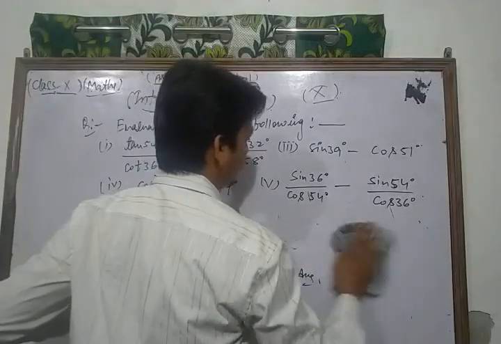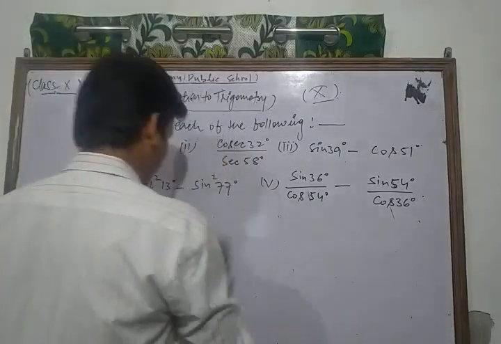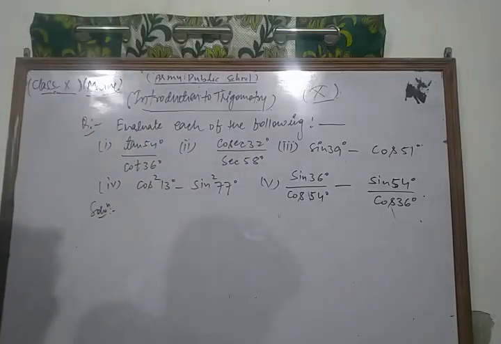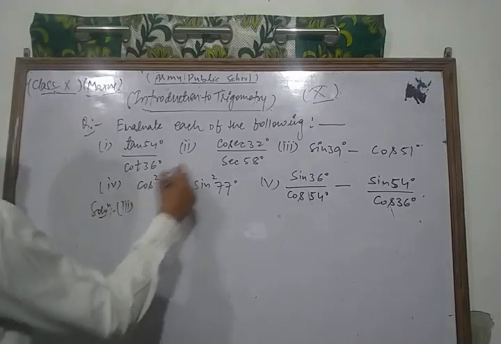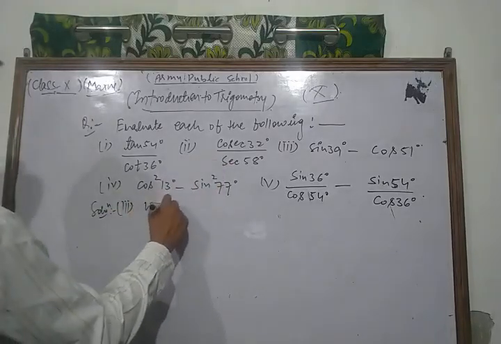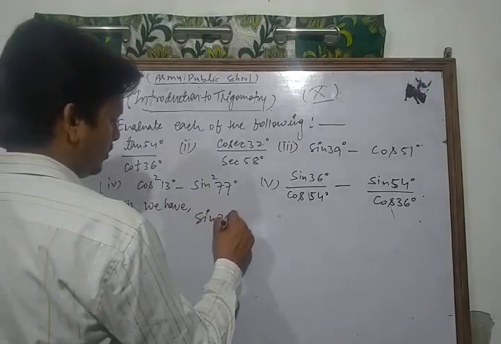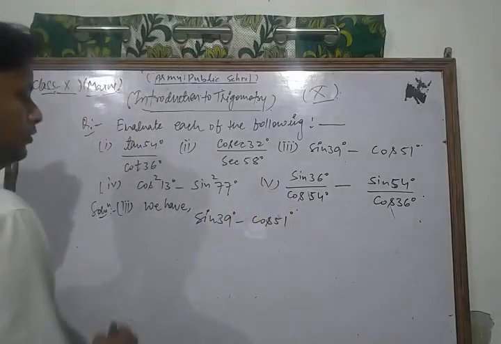Let's see. We take and solve the third part of this question. We have sin 39 degree minus cos 51 degree.